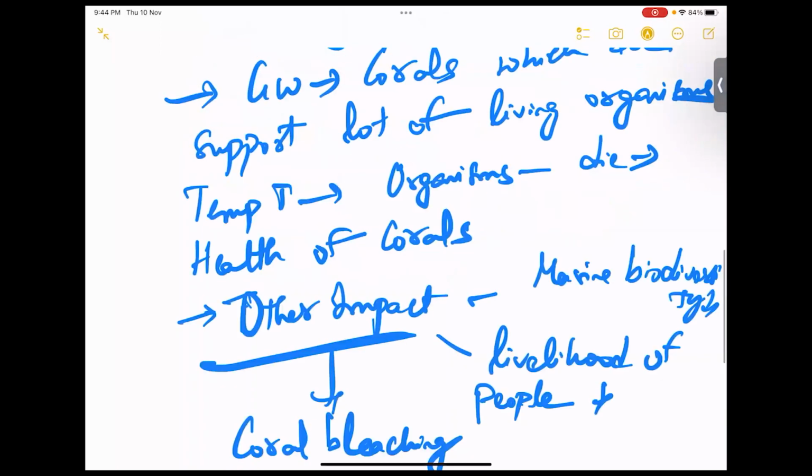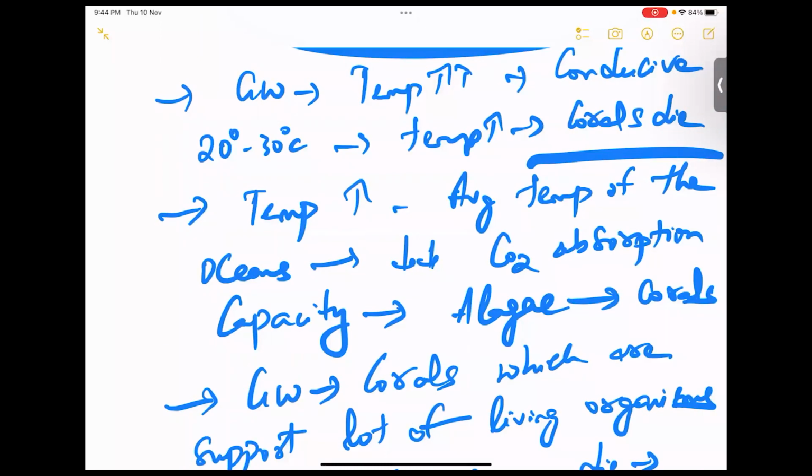In fact, due to increase in temperature, CO2 absorption, I think it will increase, right? Yes, sir. Not due to temperature, sir. Actually, increasing CO2 level in the atmosphere, so automatically ocean CO2 levels also increase, sir.